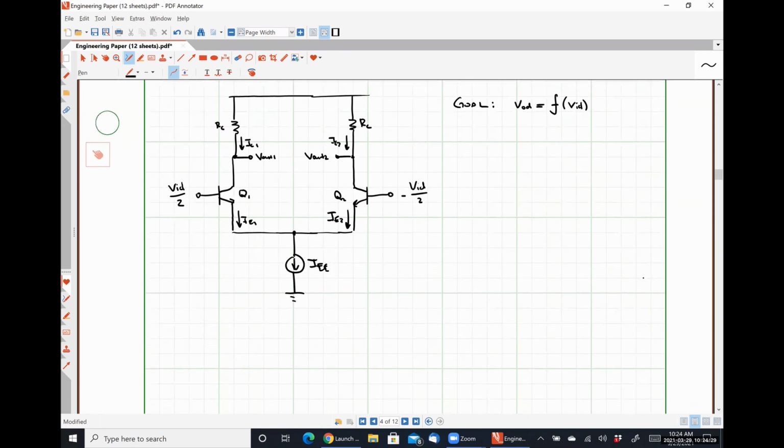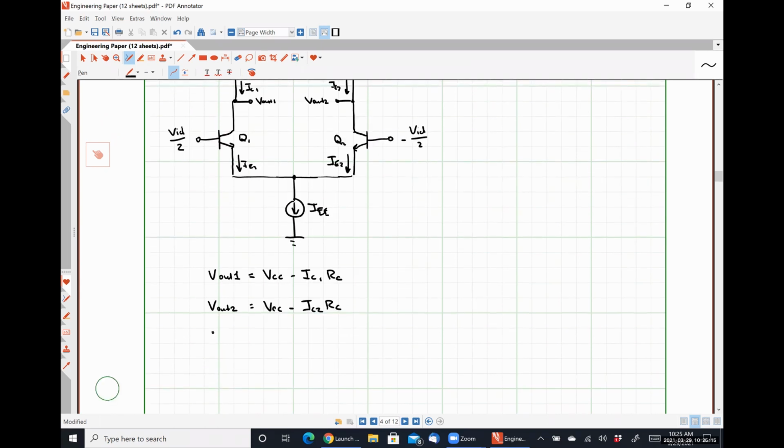So with that in mind, let's start looking at something. We know that V out 1 is going to be equal to VCC, our power supply voltage, which I should label, minus IC1 times RC, and we know that V out 2 is equal to VCC minus IC2 times RC.